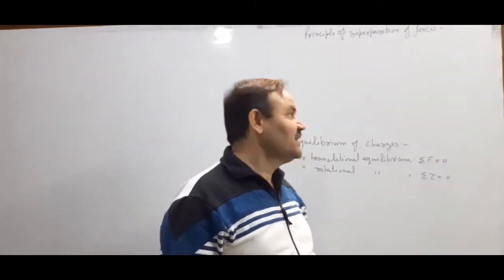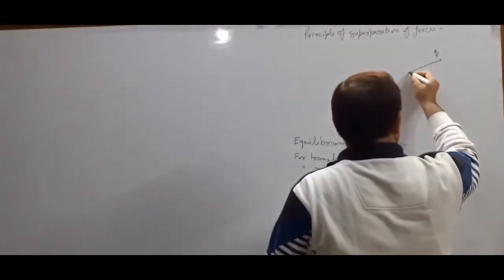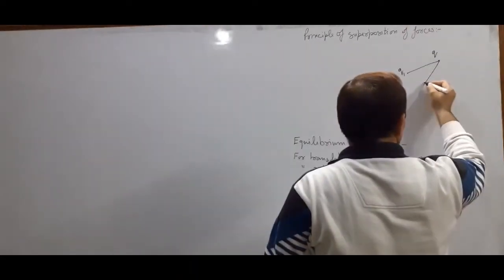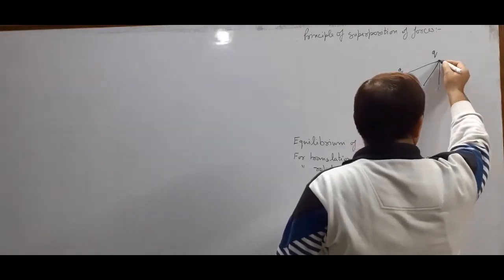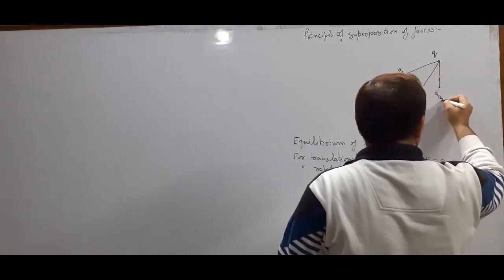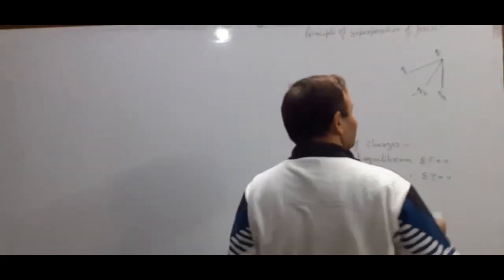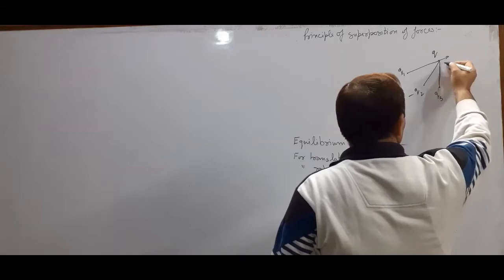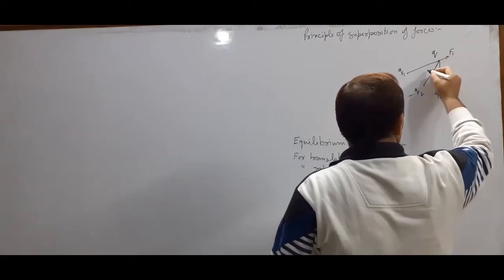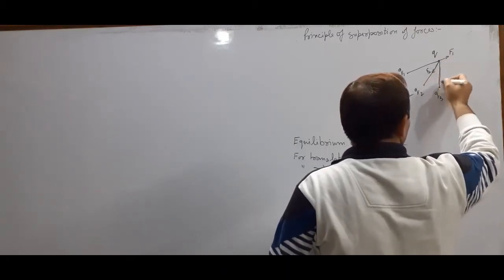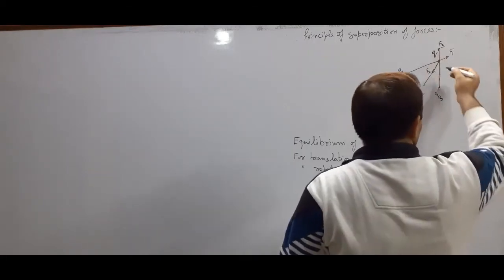If two or more forces act simultaneously on a charge, then resultant of all those forces will be vector sum of the forces. It means if a charge Q is having charges Q1, Q2, Q3 and so on near it, then say Q2 is negative while all other charges are positive, then Q1 will repel Q, Q2 will attract Q, say these forces F1, F2 and Q3 will repel Q, say the force F3 and so on.